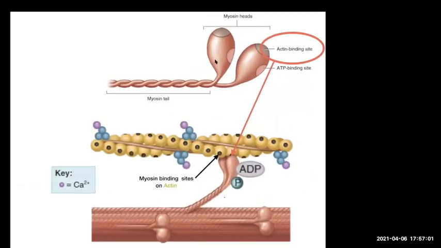Here we're going to look at that myosin head. We already saw that ATP binding site, which had that ATPase activity. But here we have another part of the myosin head that is an actin binding site. And that's right over here. And on the actin filaments, the actin is formed by a string of these little balls, the G actin, which forms this F actin, like two strings of pearls.